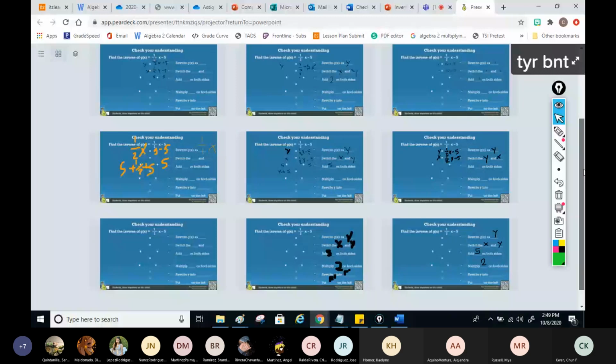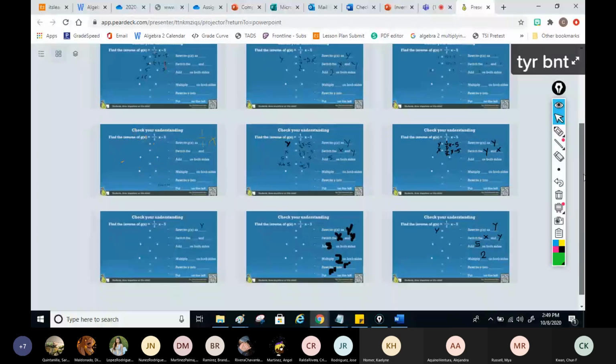I see most of you guys figured out that part. Yes, you have to add 5. Don't touch the 1/2, it's too soon. The 1/2 and the y are still best friends, you can't really break them apart. You have to get rid of the -5 by doing the opposite, so you add 5 on both sides. Everyone is on the right track. Pretty good.